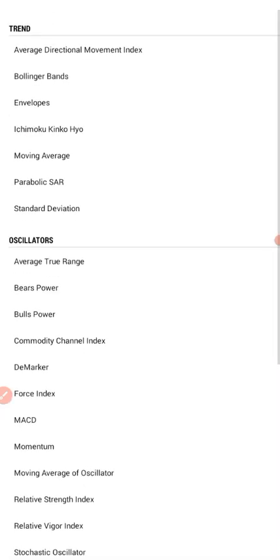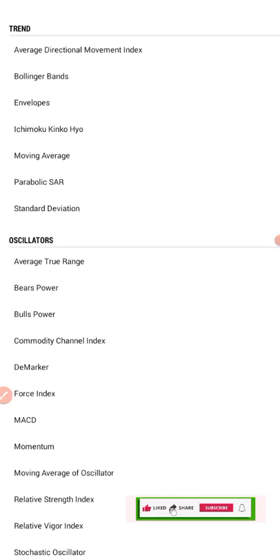The trend indicators show you where the trend is and where the trend has been. It is showing you the current trend, where the trend is, and where the trend has been. That is the trend indicator.